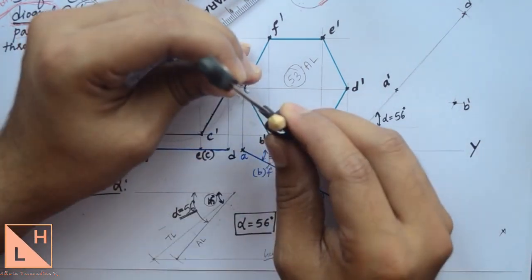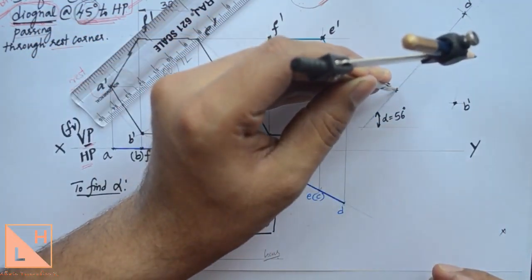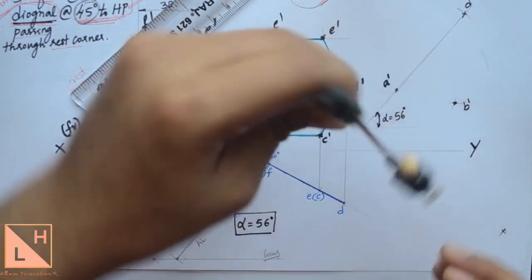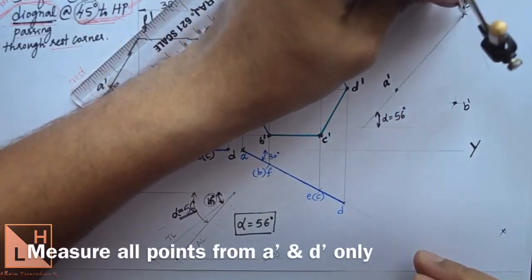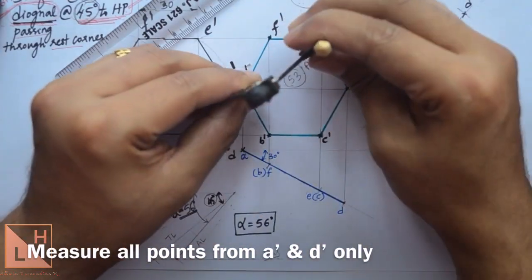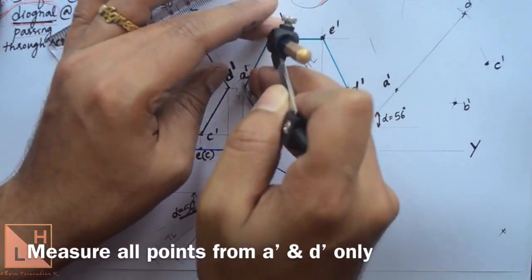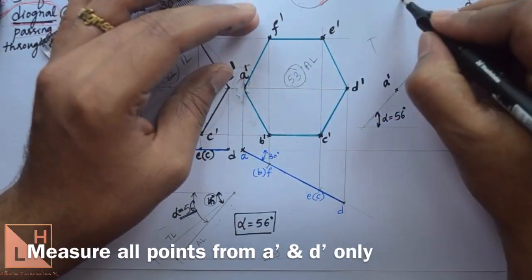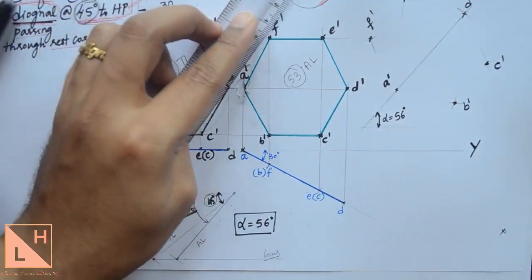Repeat the same. You measure from A dash to C dash and then D dash to C dash. Once you've got all these 6 points, you can join them with a dark line.